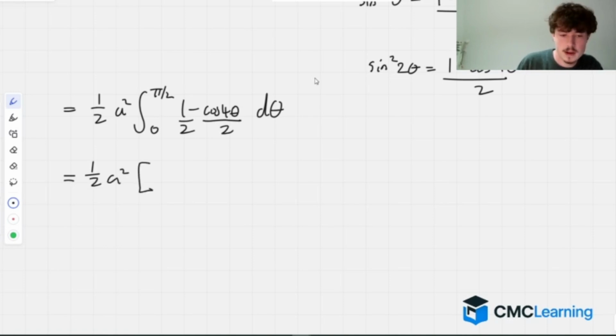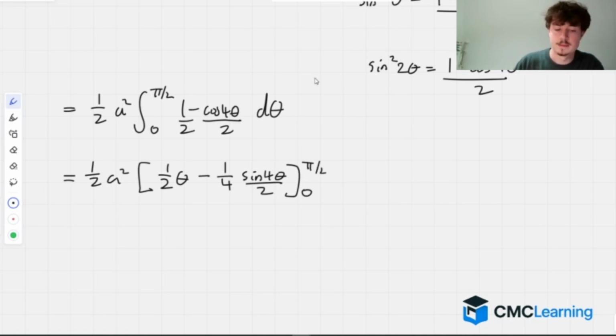First, integrating a half, as there's no theta in the half term, we can write this as 1/2 theta. Next, the cos 4 theta will integrate into a sine 4 theta, and we'll take this constant times by the theta and put 1 over 4 to the edge. So this goes out to minus 1/4 sine 4 theta over 2. And then we have to remember our limits of pi over 2 and 0.